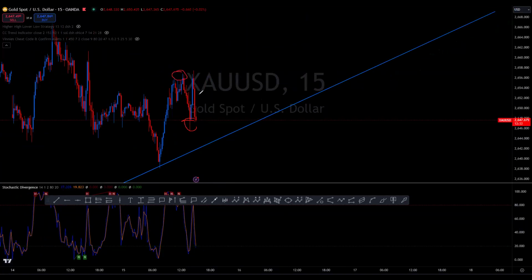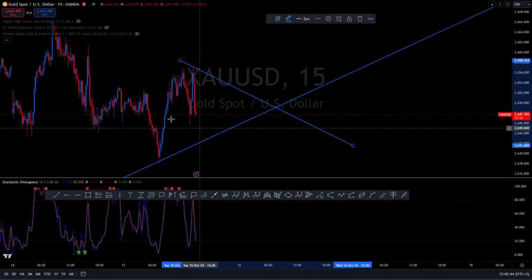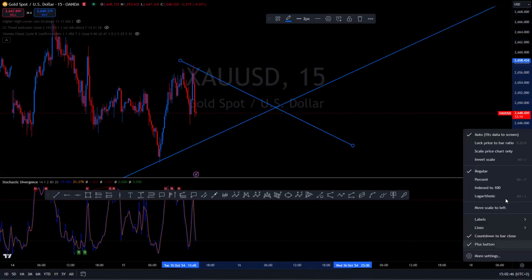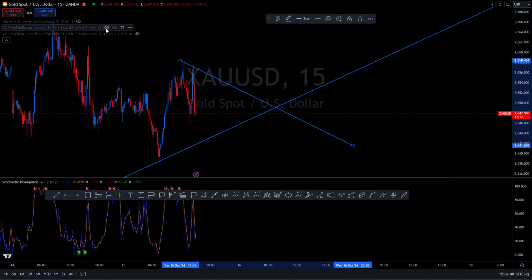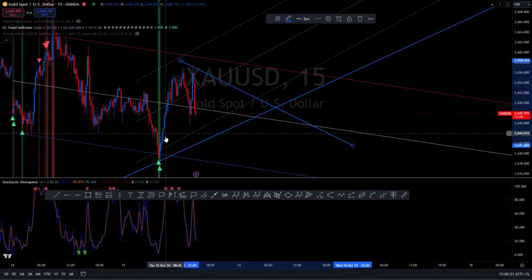So it's probably a high indication that price is bullish at this point. So we're going to take our trend line and draw this. Put on the CC trend indicator. Looks like price is still pushing up because of this up move here.